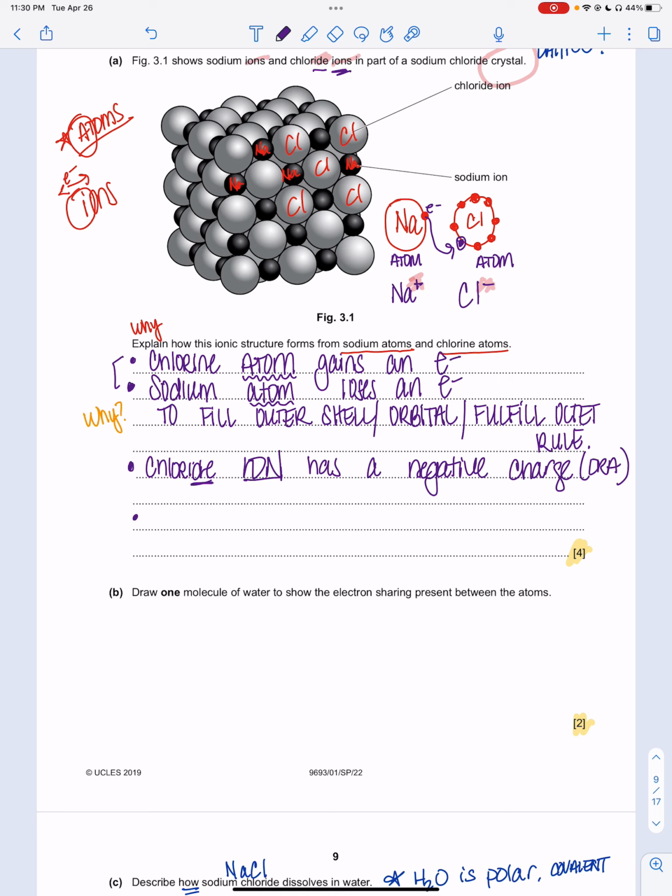Okay, but then why do they bond to each other? Opposite charges attract. And this is where they'll form that lattice structure.